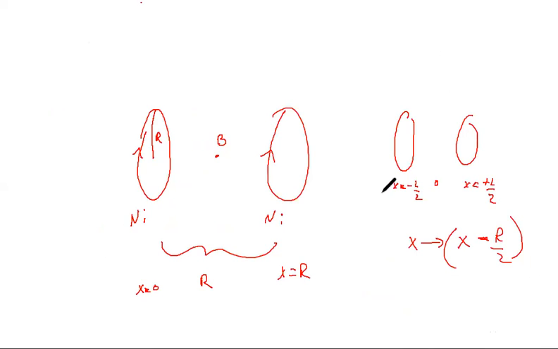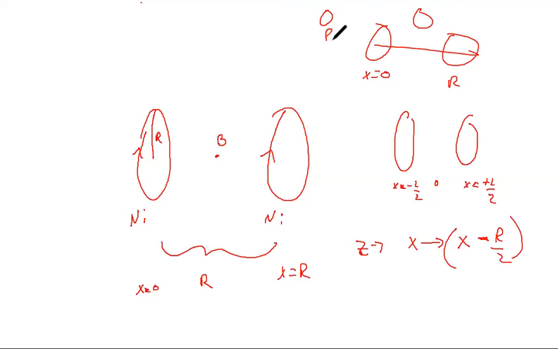So first you need to replace Z with X, and then X with X minus R. All that's doing is, they want you to put the 2 rings at X equals 0 and R, but the formula I worked out was for centering them at minus R over 2 and R over 2. So you just have to shift it by half of a radius to get my formula into their formula. Okay.